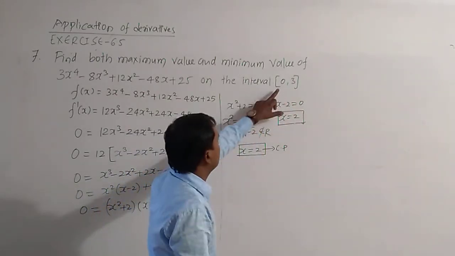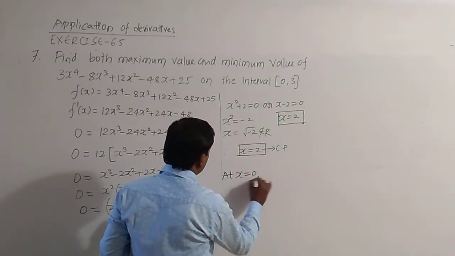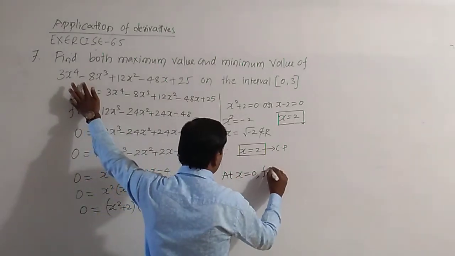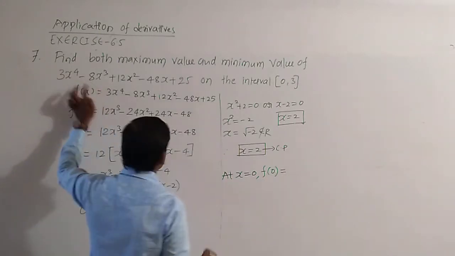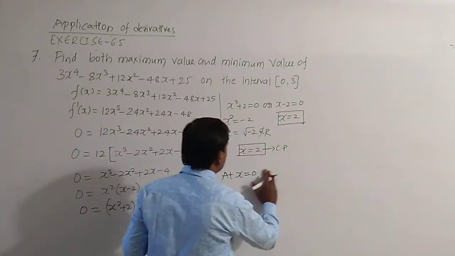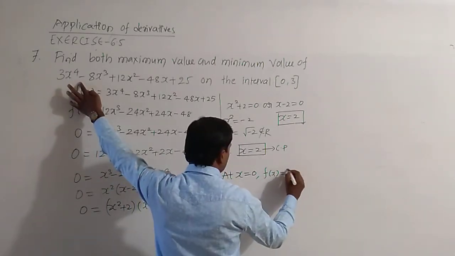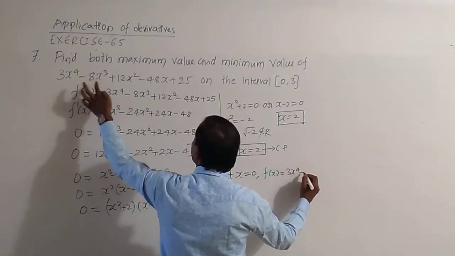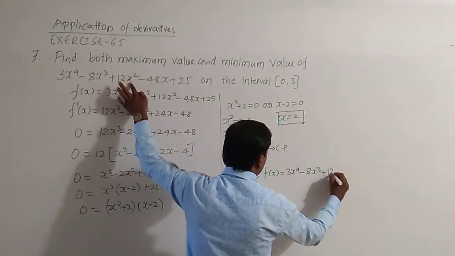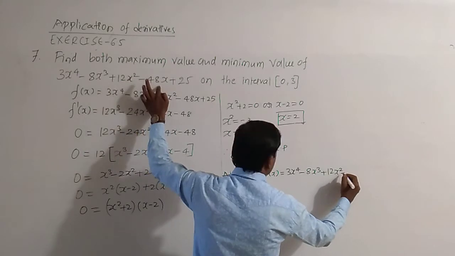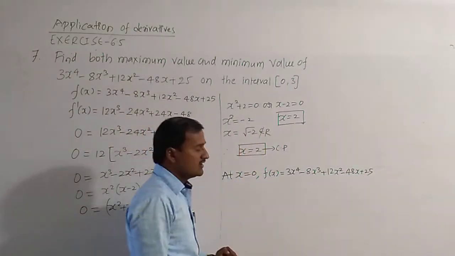So first I will take x equal to 0. At x equal to 0, what is the functional value? F of x is equal to 3x to the power 4 minus 8x cube plus 12x square minus 48x plus 25, as given.